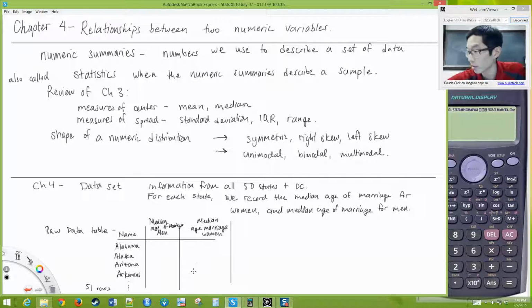Okay? Now, let's look this up. Median age of marriage in each state. Let's see. Can Google do it? My internet here in this room is slow. Let's see.